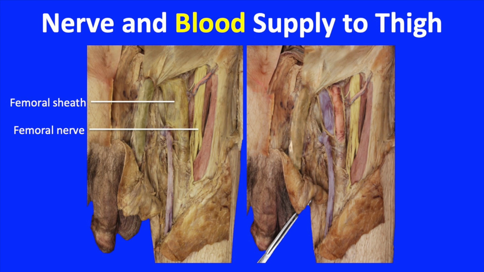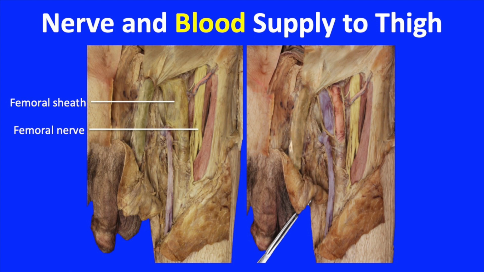To understand how the blood supply enters the thigh, we need to first focus on the area of the thigh known as the femoral triangle and the femoral sheath shown here. The femoral sheath is an outpocketing of the abdominal fascia that is separated internally into 3 compartments. More on this later.